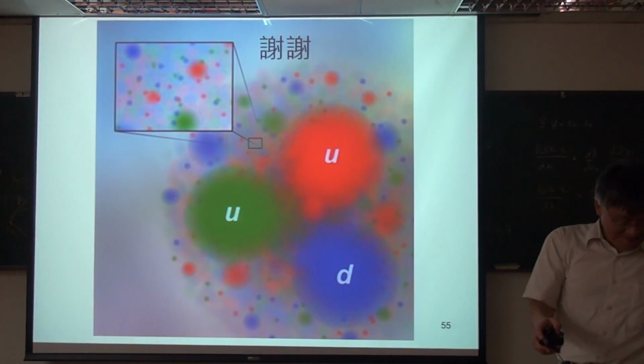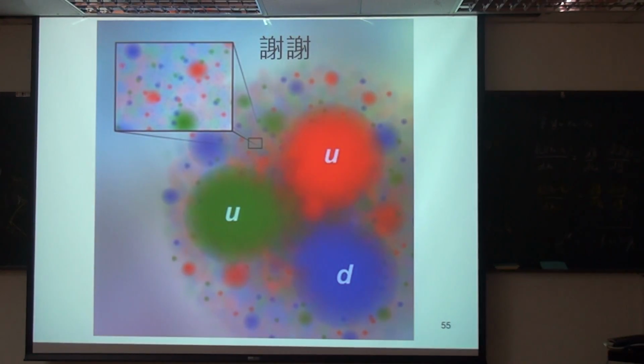This is broken, the SU3 broken. Symmetry broken. Yes. You broke the SU3. No, no. In some sense, you can imagine that there will be the breaking of SU2, isospin. Yeah.